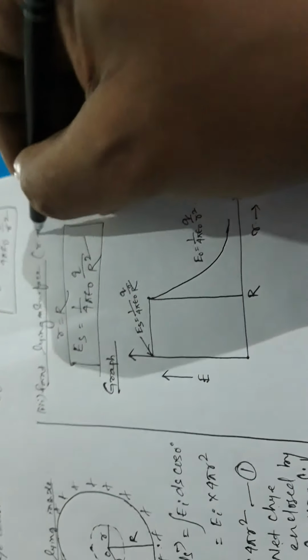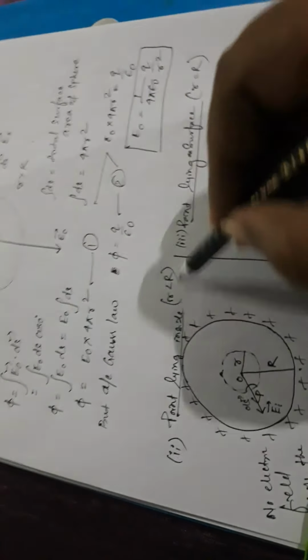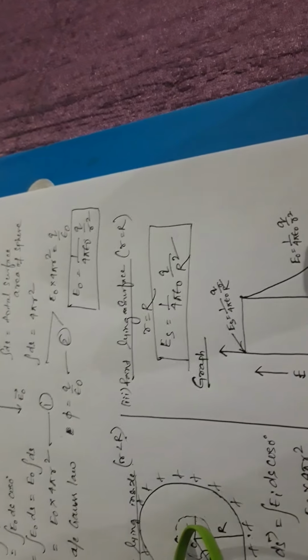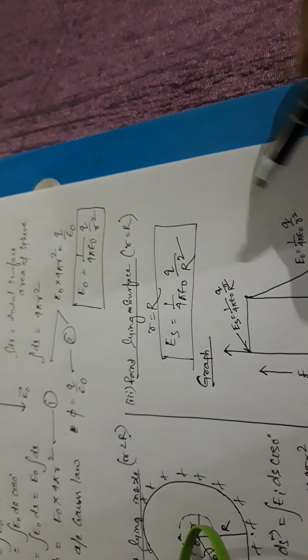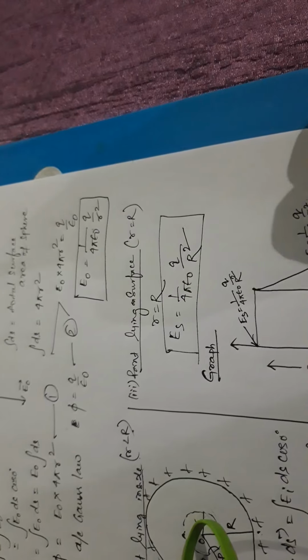As r increases, the point lying on the surface has small r equal to capital R, the point lying inside has small r less than capital R, and the point lying outside has small r greater than R. Clear? So on increasing small r beyond capital R, EO decreases. So here E is inversely proportional to r square.